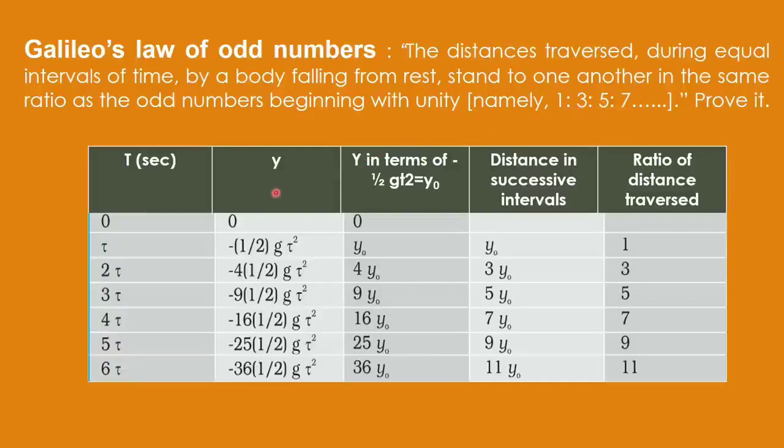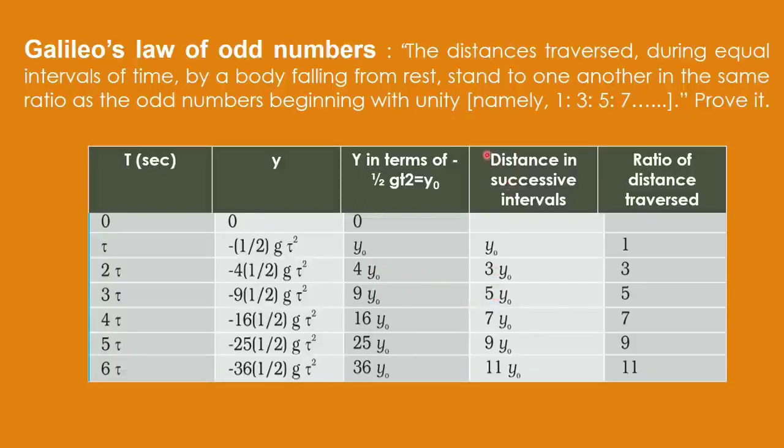So you have to find the distance traveled in 1 second, 2 seconds, 3 seconds, and then you take the values for y equals half g t square because u is equal to 0. And if you have to find the difference here, ratio, distance between the intervals, 4 y naught minus y naught is 3. 9 y naught minus 4 y naught equals 5.